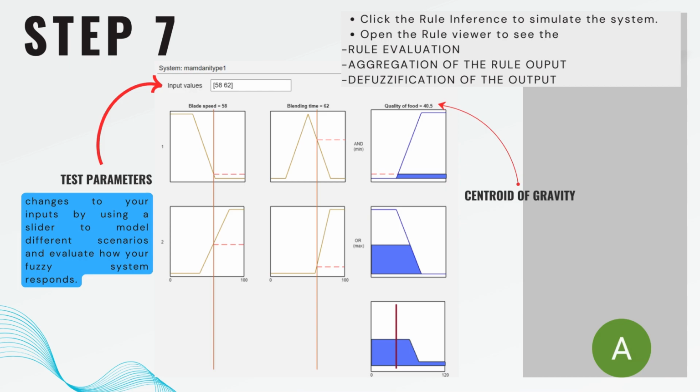So this is the rule evaluation, and this is the aggregation of the rule output, and the last graph is the defuzzification of the output.